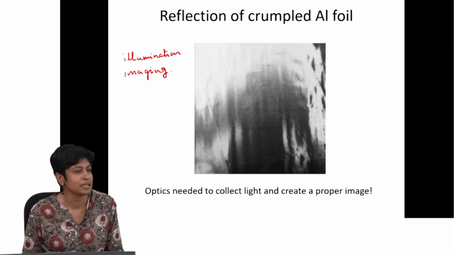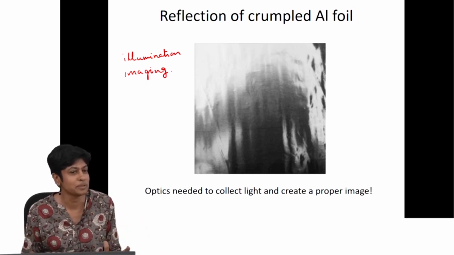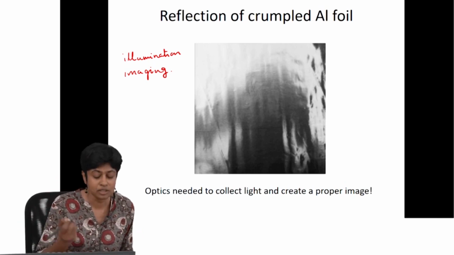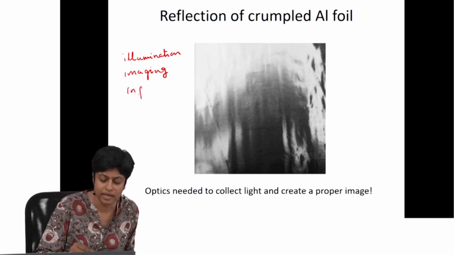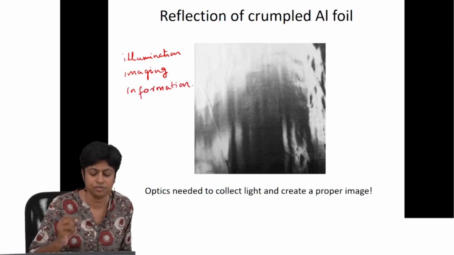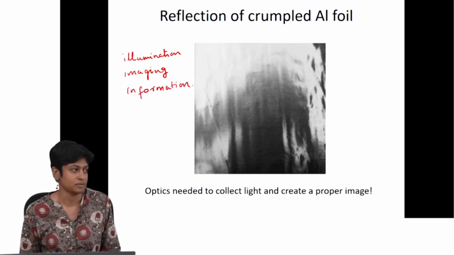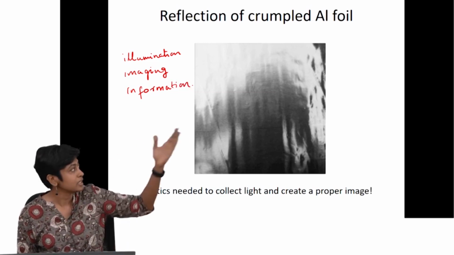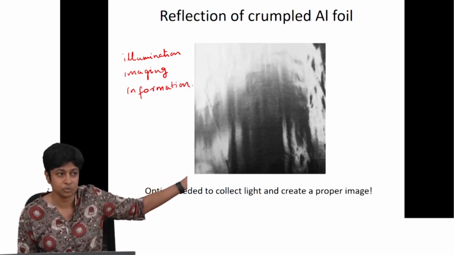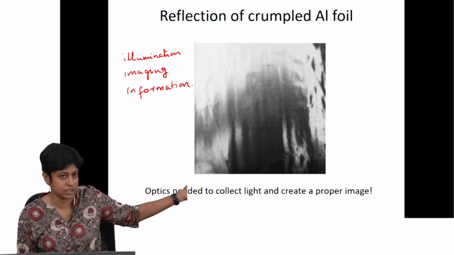And the third broad area, what would it be? Communication, or let's stick with the I letters, words: information. The projector here is displaying an image for you. It is giving you information.